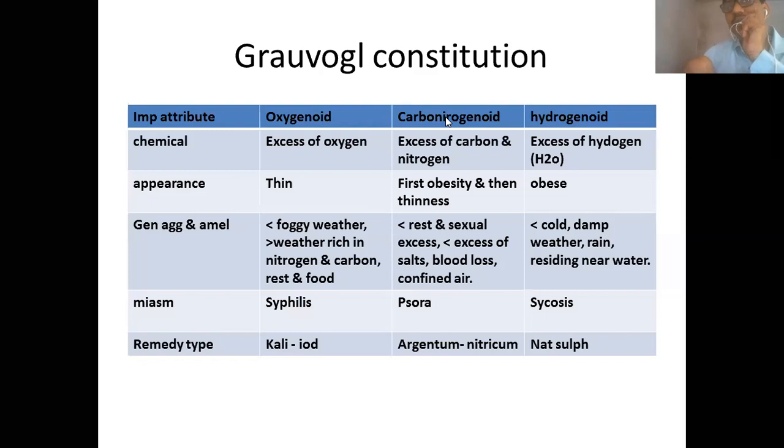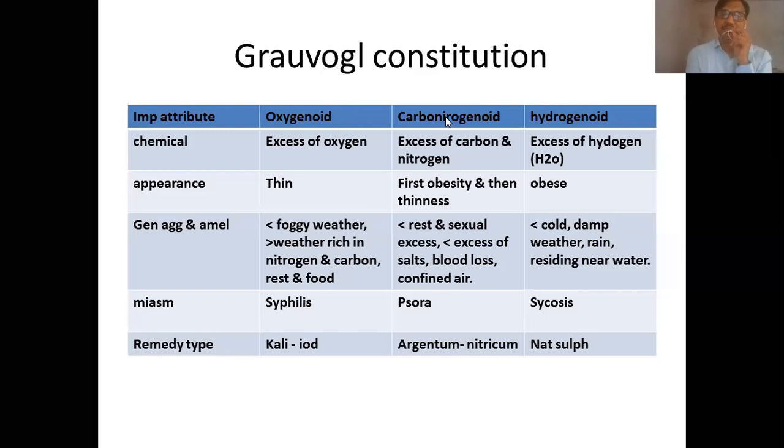So whatever disease tendencies are observed in this carbonitrogenoid constitution are because of excess of carbon and excess of nitrogen in the blood and in the tissues. Because of this excess, these individuals are first obese, and later on they become thin, weightless, and their appearance becomes lean and thin.